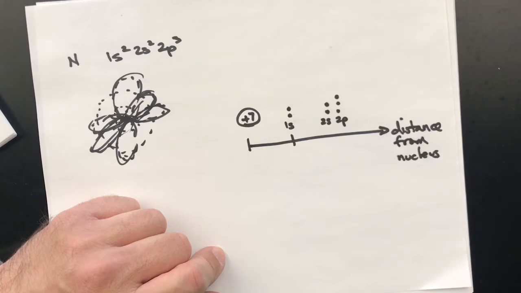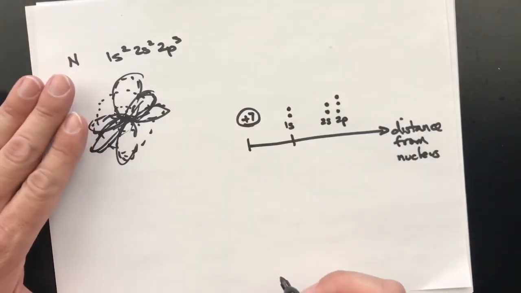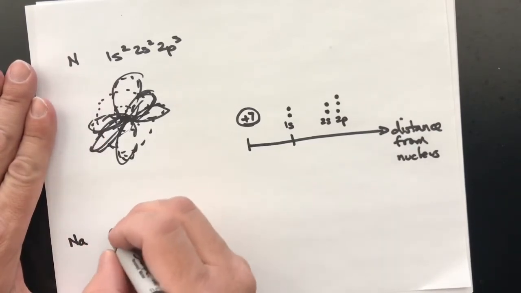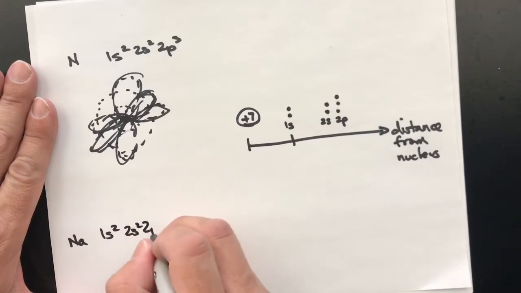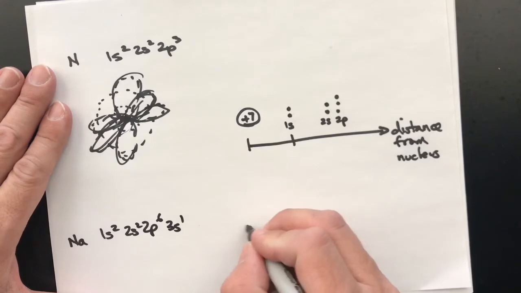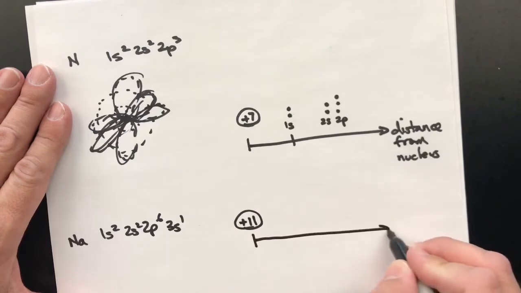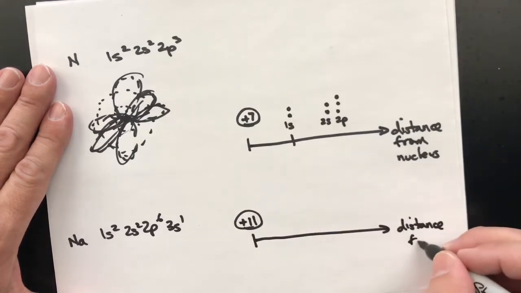So that's for nitrogen. If we were to do another one for, say, sodium, sodium has the electron configuration 1s2, 2s2, 2p6, 3s1. We would graph its 11 protons being at the nucleus, and then we would have our distance from the nucleus axis here.